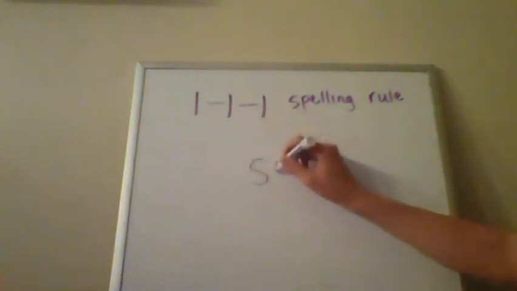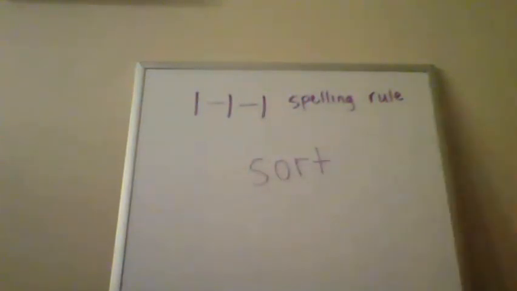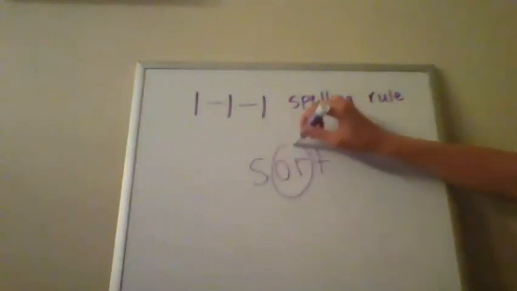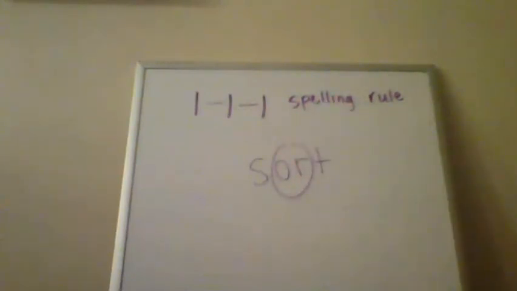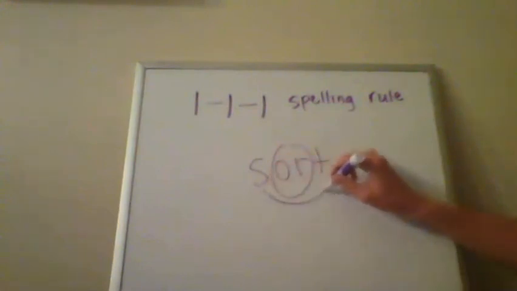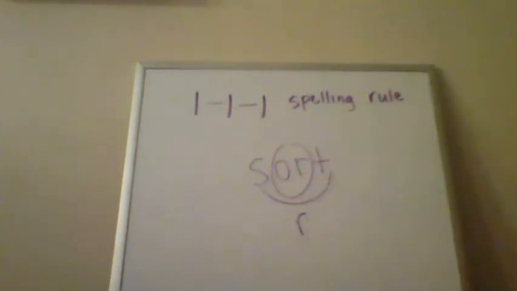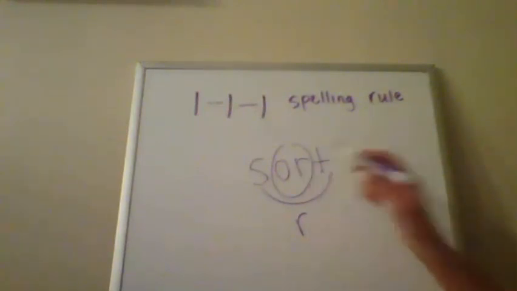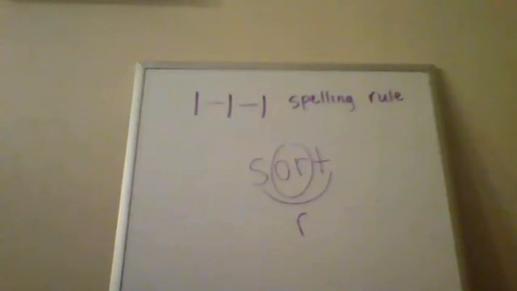If I had the word sort, and I would mark R-controlled syllables, I would circle the OR, which is R-controlled, and then I would mark it an R-controlled syllable. You would ask your questions. Is this a one-syllable word that's R-controlled? Yes. Does it have one vowel? Yes. Does it have only one consonant after the vowel? No.